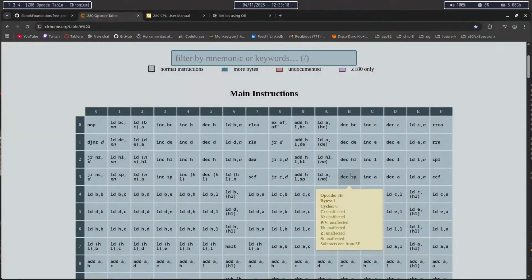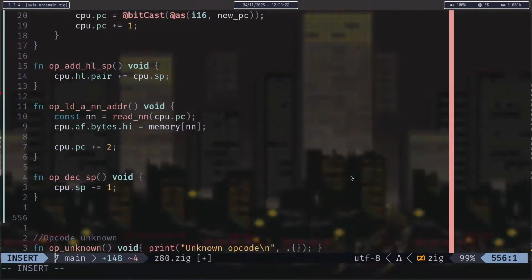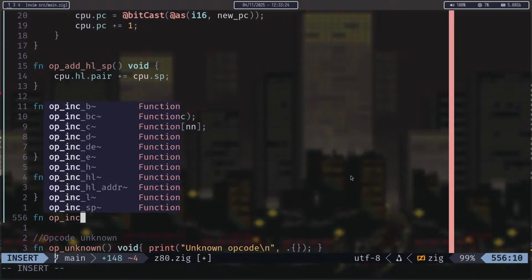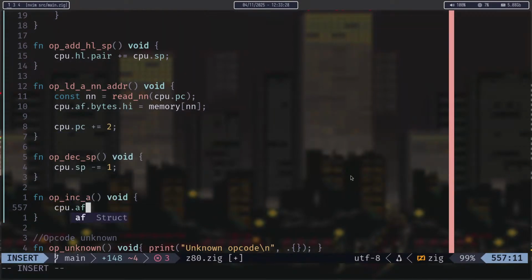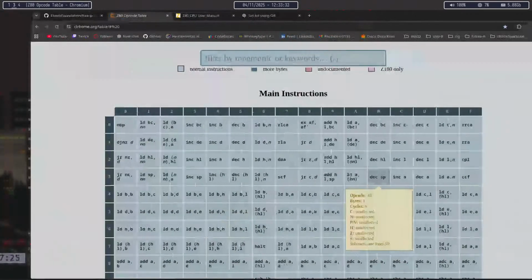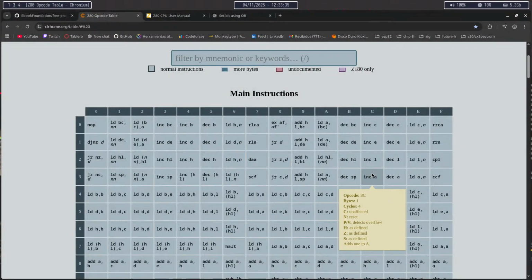Inc A. I haven't done this already. Alright, so fn op a, CPU.af.bytes.high plus equals 1. Is there any sort of reset? As defined, as defined, as defined. Okay, I have to actually take that into account.